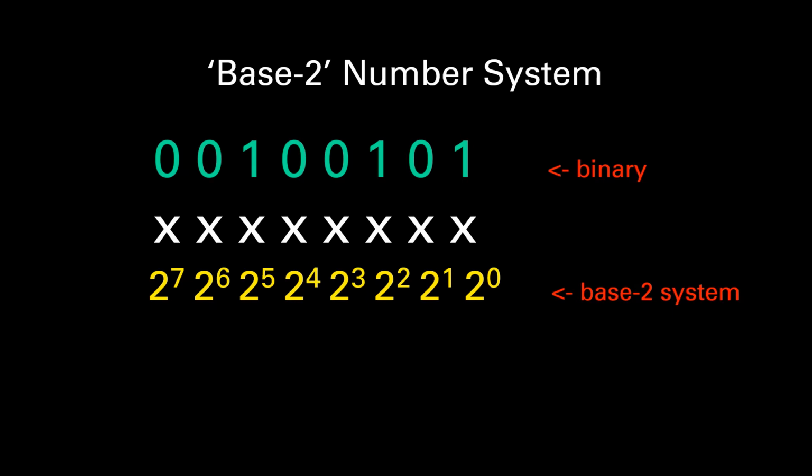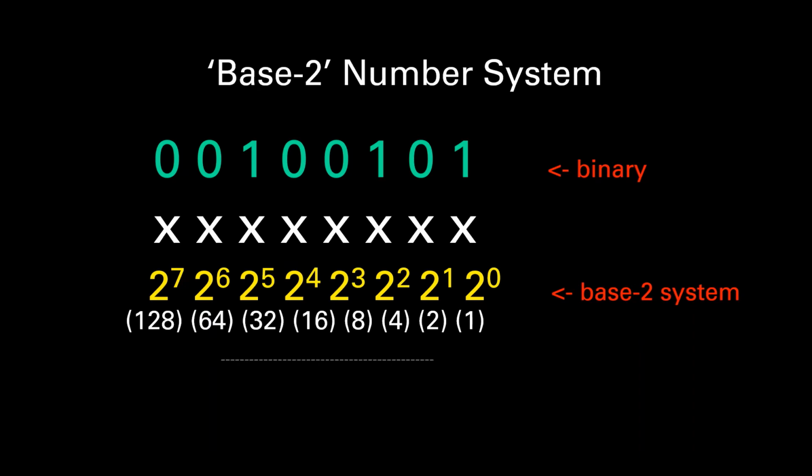Starting from the right, we have 2 to the 0, then 2 to the 1 on the left, then 2 to the 2, 2 to the 3, and so forth. And the corresponding values, starting from the right, are 1, then 2, then 4, then 8, 16, 32, 64, 128. So they're essentially doubling every time the position moves 1 to the left.